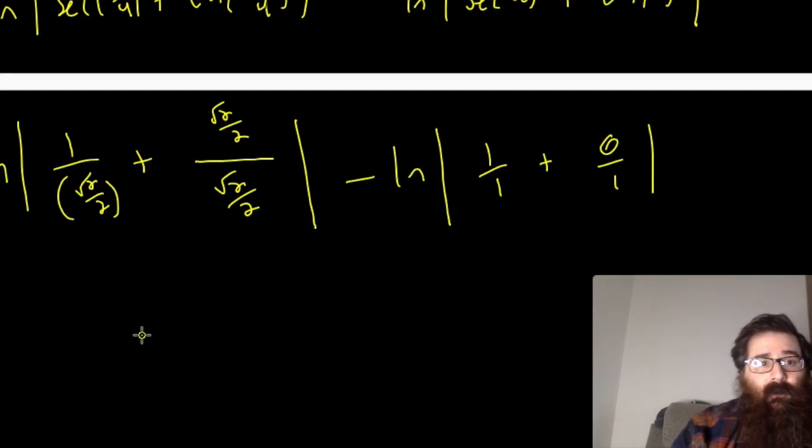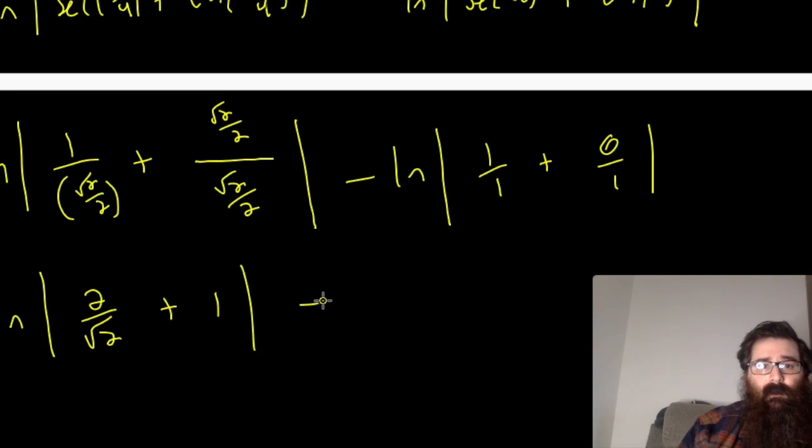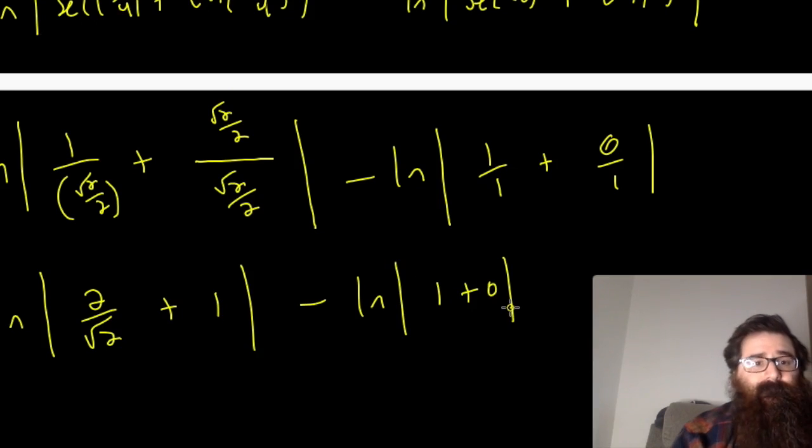Let's say, well, what do we get here? Yes, natural log absolute value of 1 over radical 2 divided by 2 is going to flip the fraction, so we get 2 over radical 2, plus same thing on top, same thing on bottom, gives us 1, minus natural log of, here we have 1 over 1 is 1, plus 0.